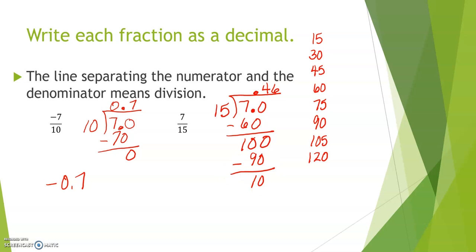And subtract, 10, bring down a 0. 15 goes into 100 6 times again, 6 times 15 is 90, and we get 10 again. And our decimal, 7/15, is going to be 0.46 with a line over the 6. The 6 is repeating.